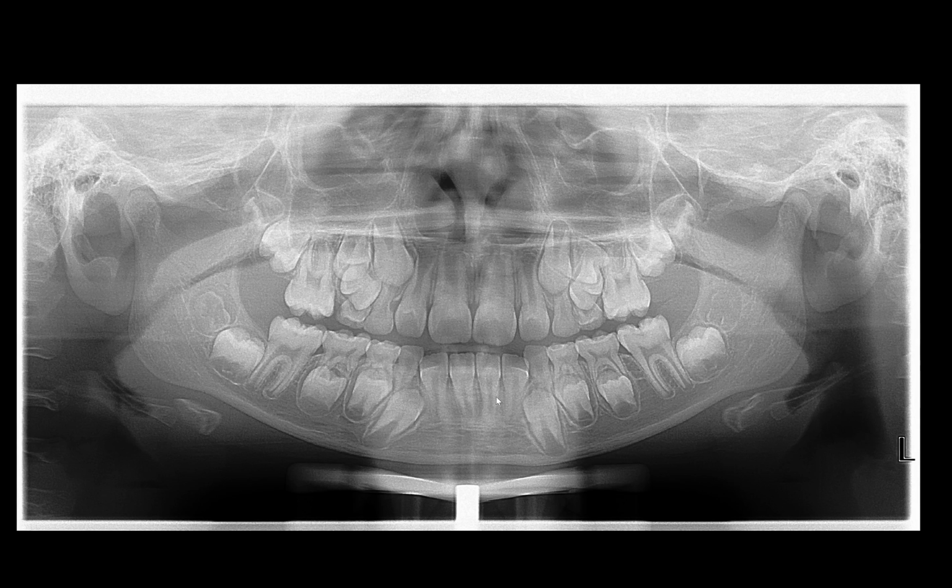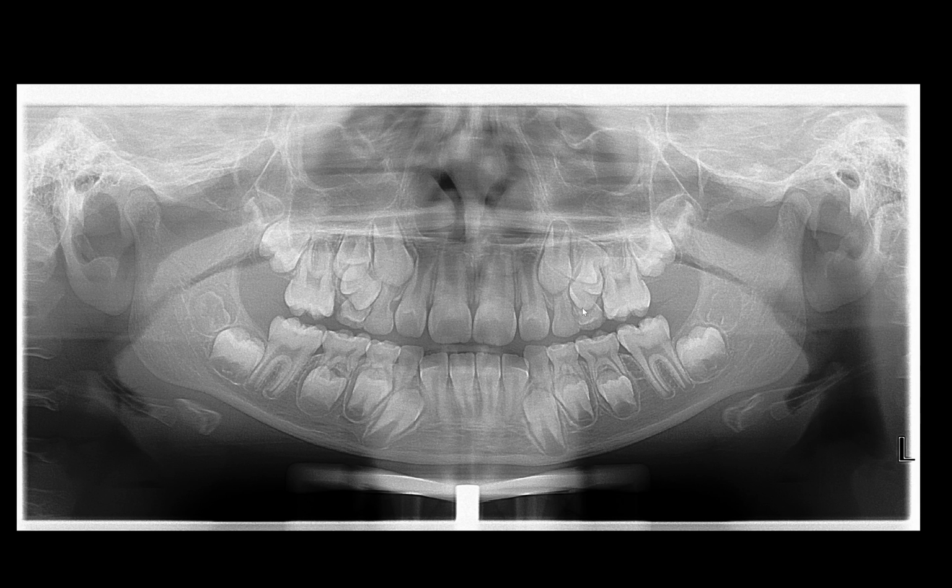You can see that. And then distal to that, we have the primary canine, first primary molar and second primary molar. What's interesting here is if you look to the top, here we see the primary canine.